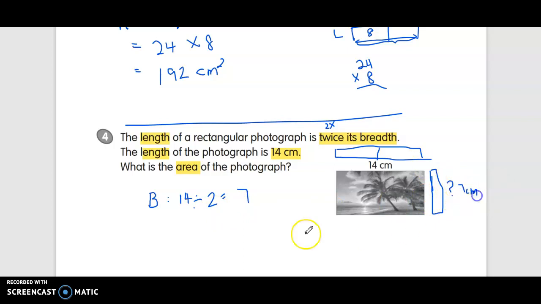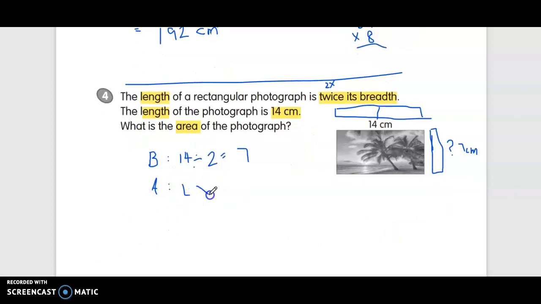Can we now find the area? Yes, because the area is length times breadth. Okay, so what is the length? 14 cm times, what is the breadth? We found out, right, from the previous step. It equals to, so same thing, children, write your workings neatly at the side.